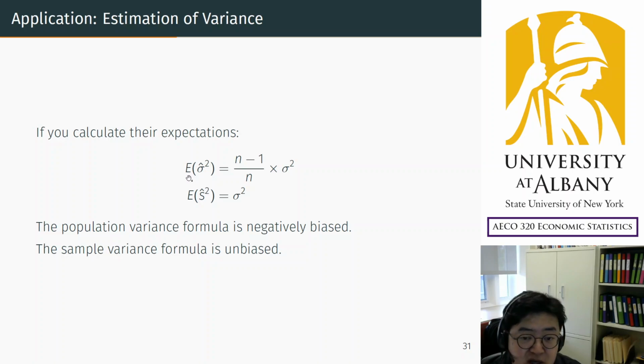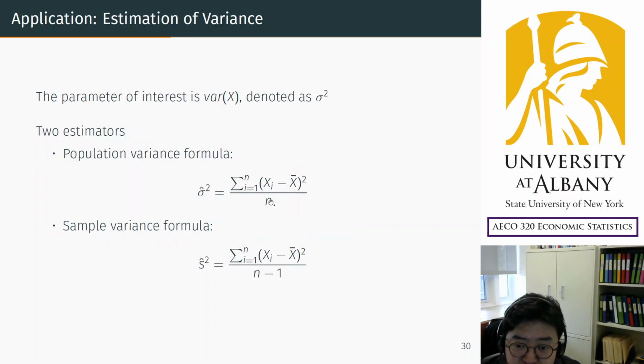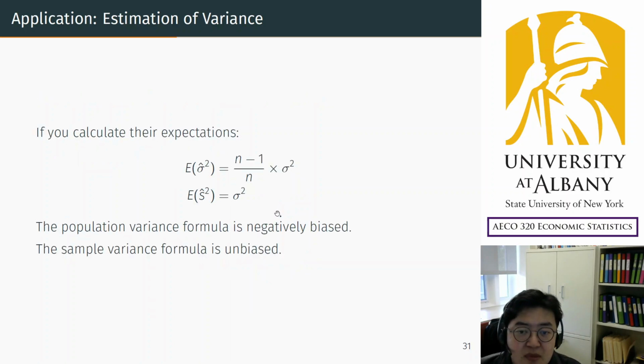So mathematically, you can show that the difference is whether the denominator is n or n minus 1. If it is n, then you have this extra term. Because n minus 1 over n is smaller than 1, it underestimates the population variance, right?